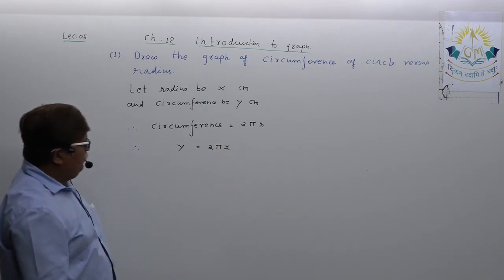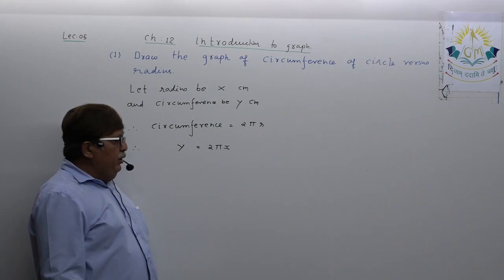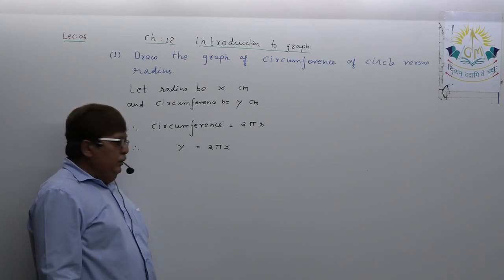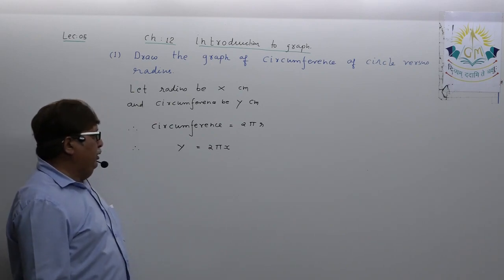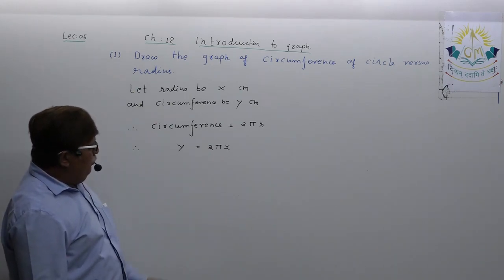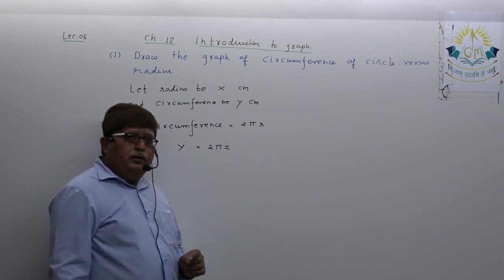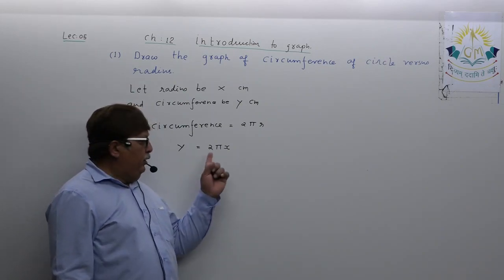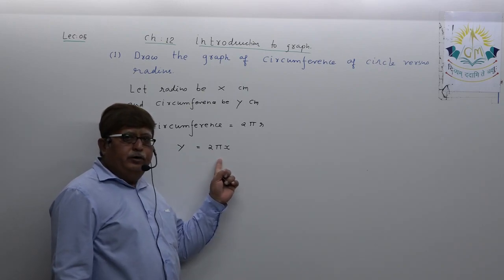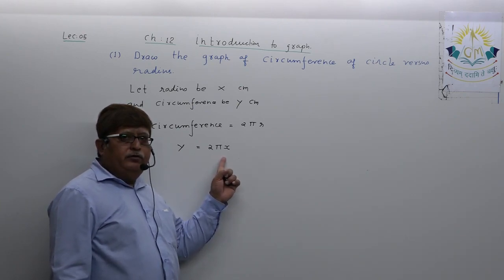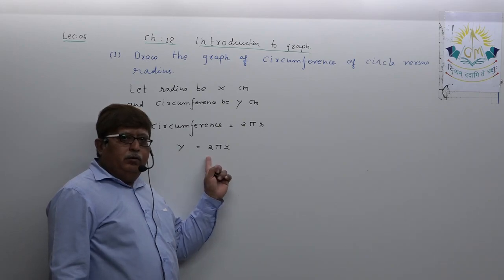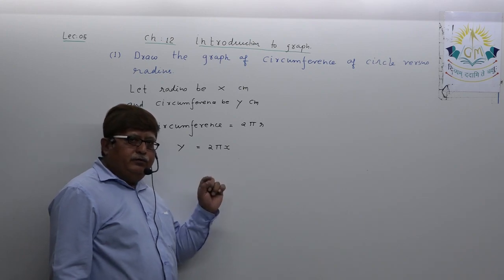This is the basic equation for the circumference of a circle you obtain. Understood? Now, dear student, after obtaining this particular linear equation, y has power 1, x has power 1. Obviously, it is a linear equation.